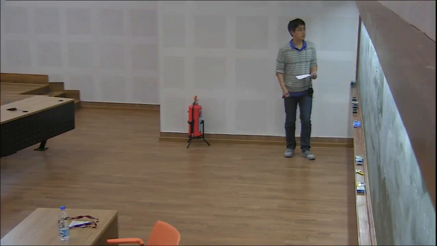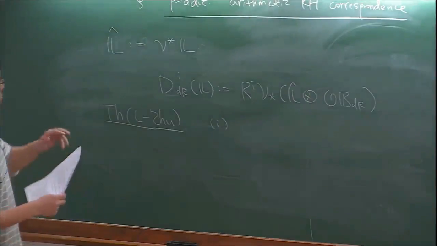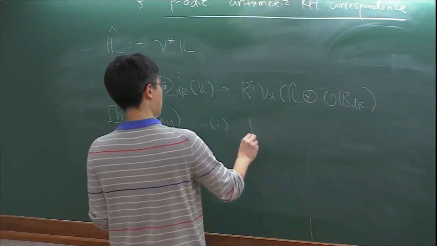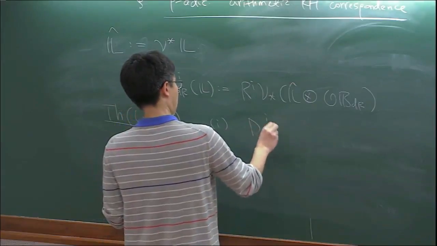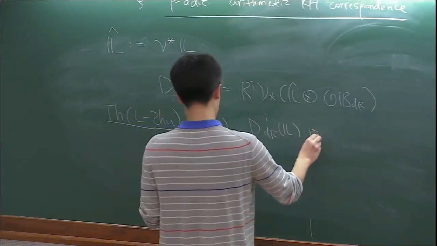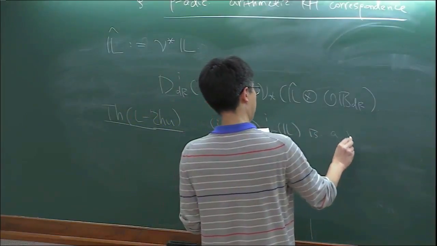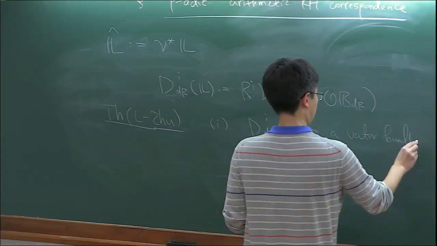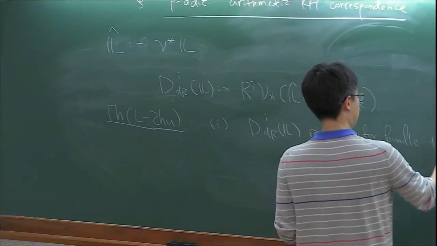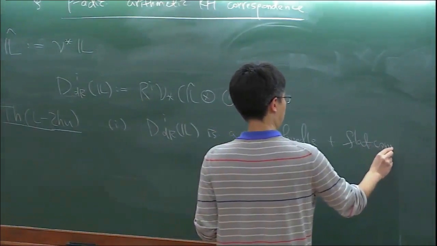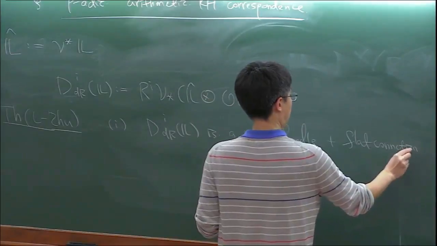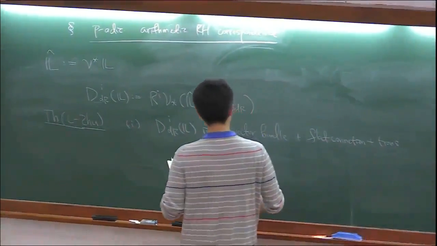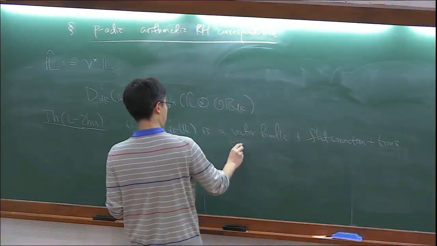Okay, so first, whatever L is, DdR_i(L) is always a vector bundle, plus a flat connection, plus transversality. Maybe it's a filtered vector bundle.